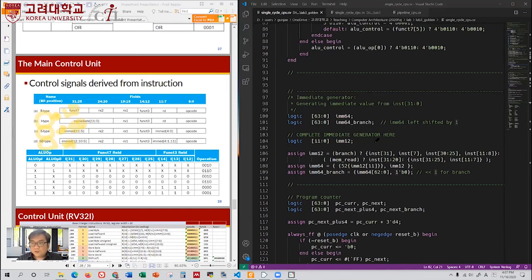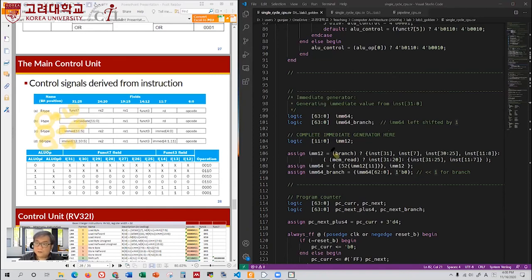So in this immediate generator code, I first declare the 12-bit immediate value from the instruction. But as you can see, this 12-bit immediate value comes from different locations of the instruction, right? So for the branch, like this is the SB type.